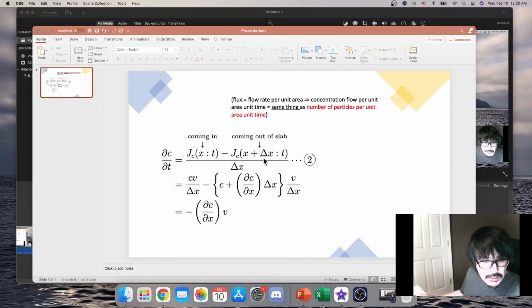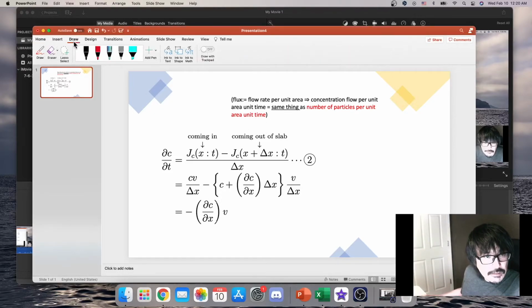There is some stuff that I completely forgot to explain, which is thinking about the unit here. So let me just write this one right here. It's important to think about what the flux is here. We talk about this concentration flow per unit area, unit time. That was the same thing as the number of particles per unit area, unit time, right?